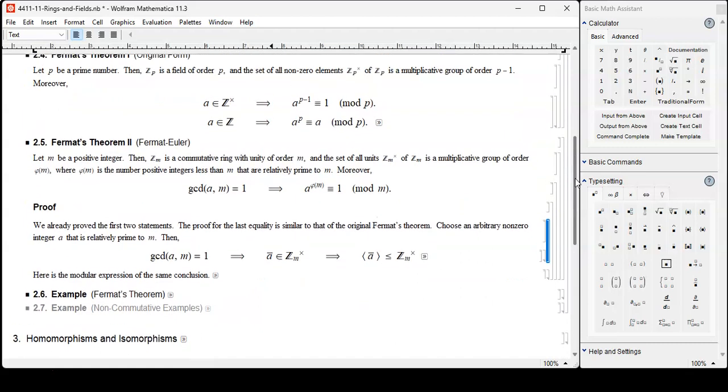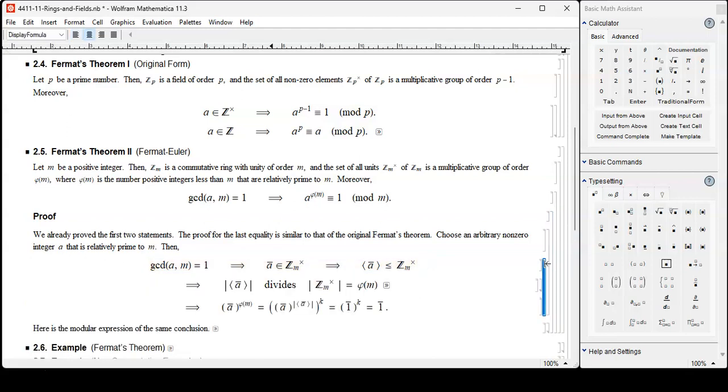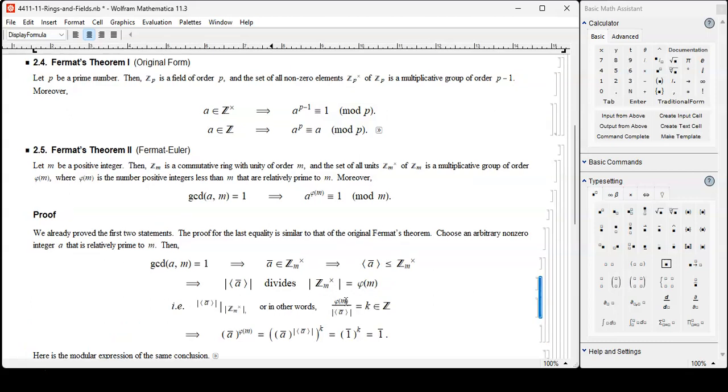So select any integer that is relatively prime to m, then form A bar, and that A bar will belong to this Zm star, the set of all units, which is a multiplicative group. And then you can form a cyclic subgroup, which is a subgroup of Zm star, and this Zm star has order phi of m. So the order of A divides the order of Zm star, which is phi of m. In other words, phi of m is the order of A times a certain integer k.